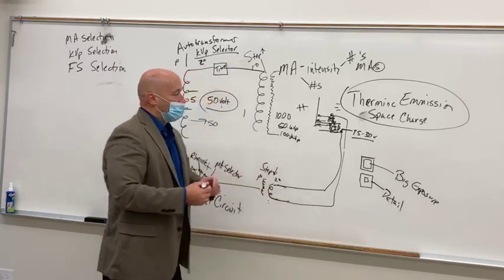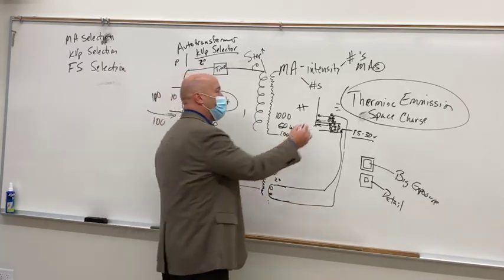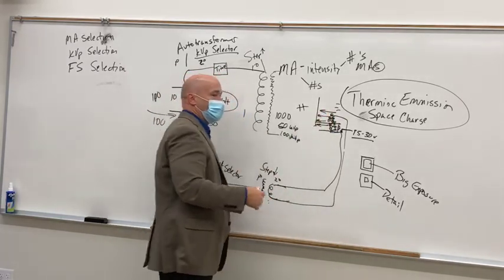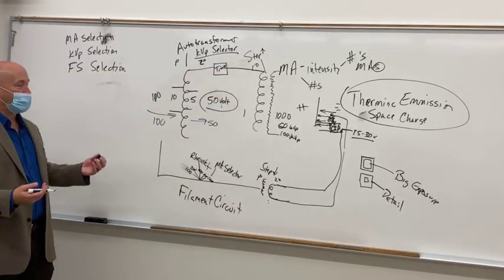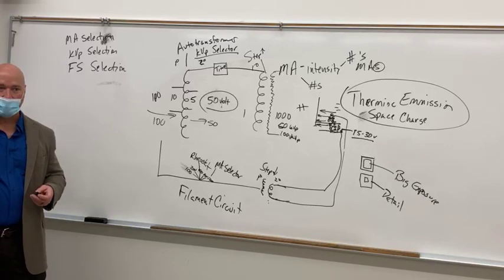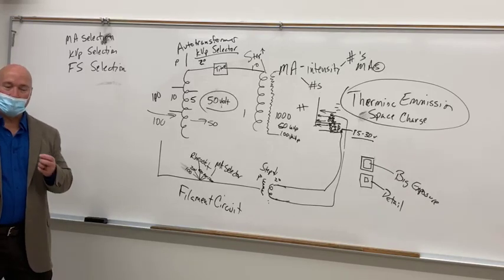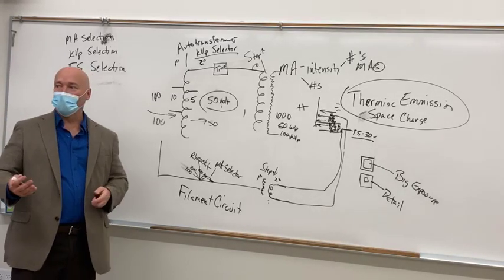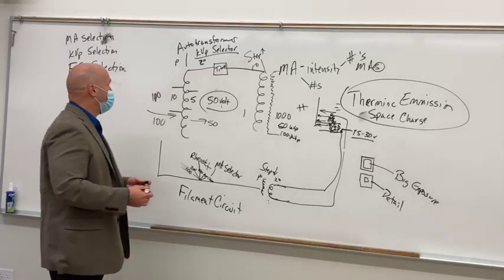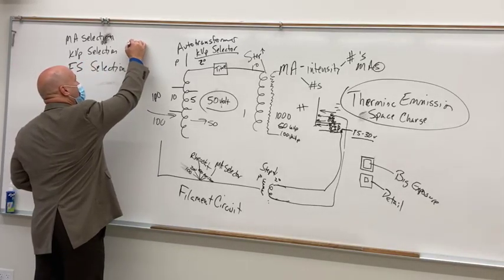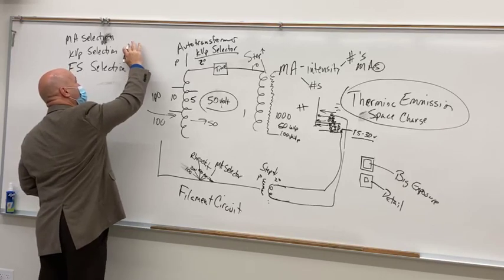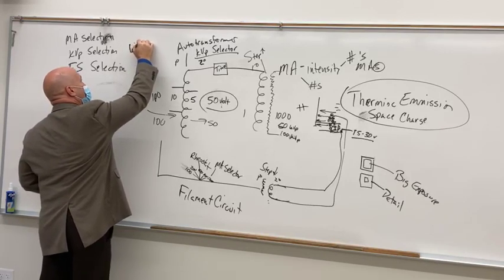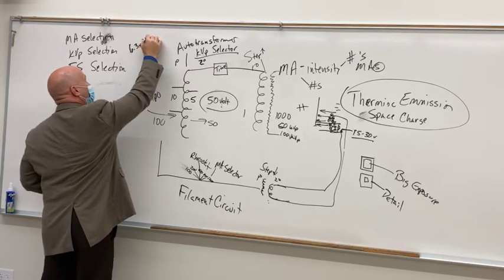Then at any given point, those electrons traveling across the tube, we should be able to kind of count them and make an estimation of exactly how many electrons we sent across the tube. Keeping in mind that what we're dealing with is a tremendous number of electrons, right? Because again, it's 6.3 times 10 to the 18th power, right?